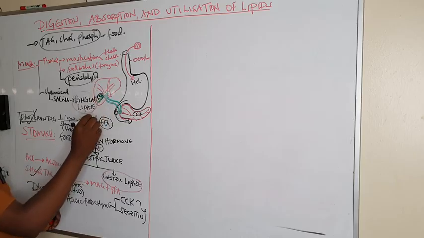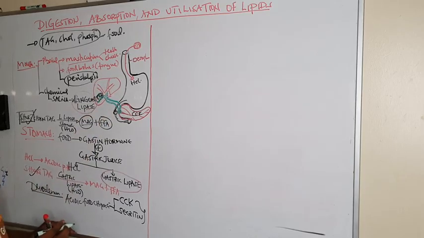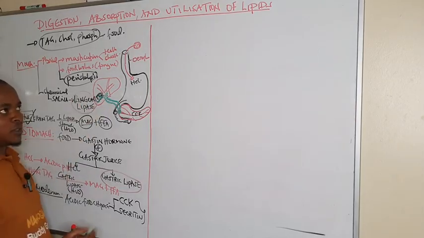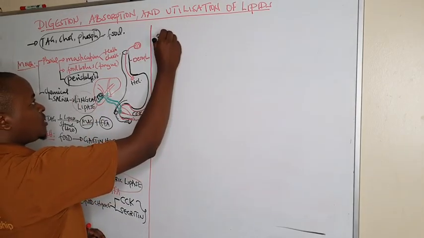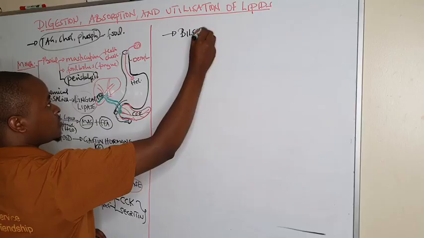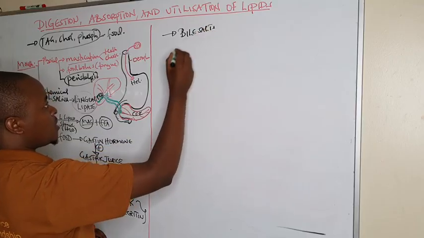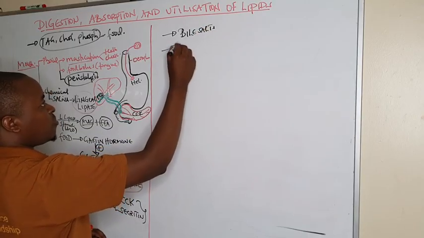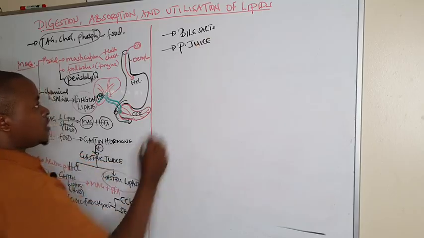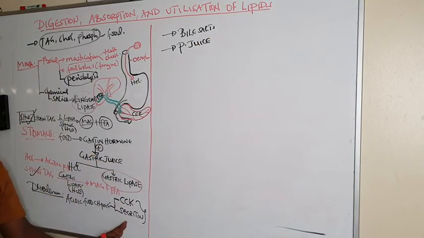In the gallbladder, it is going to trigger production of bile salts, and it also triggers production of pancreatic juice. That is the role of these hormones, CCK and secretin.